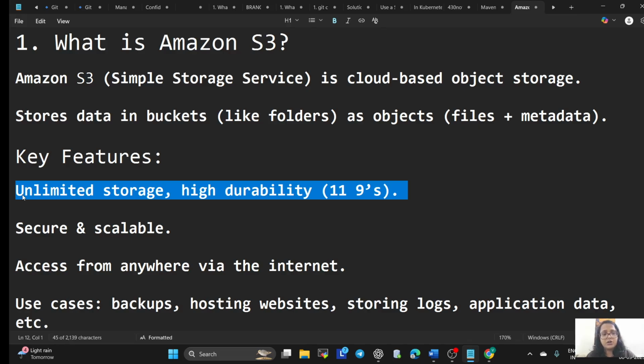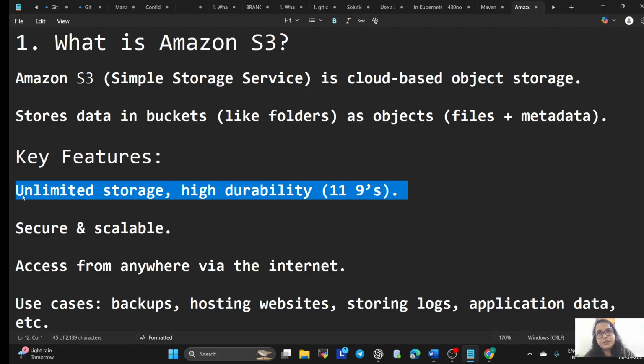16 GB or 6 RAM or some 32, but that is fixed. And if you want, then you can ask them to increase, and that will take a long process. In the same way, before Amazon S3 came into the market, something was there.